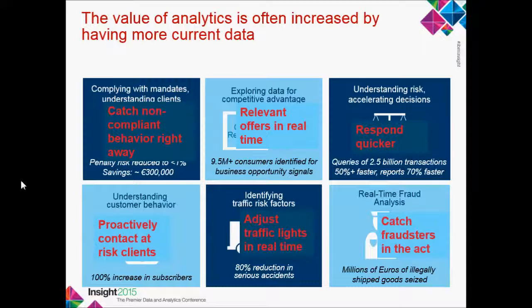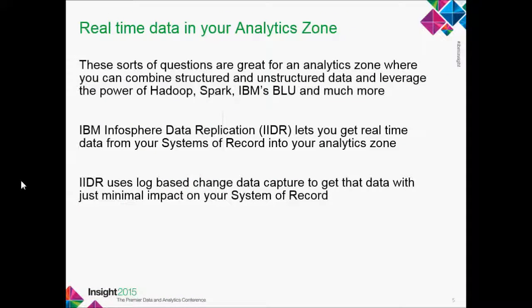So I think it is pretty clear that as analytics become more and more important to how your business operates, the fact that they can be done on current data provides better value and becomes more important. As I mentioned, these are all analytics that will be done in what I think of as your analytics zone, the place where you combine structured and unstructured sensor data and leverage all the power of Hadoop, Spark, columnar data stores like Blue, and all that sort of stuff.